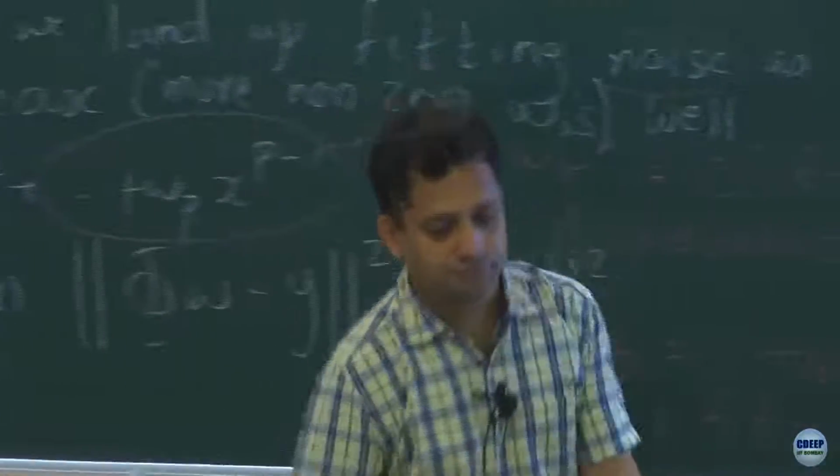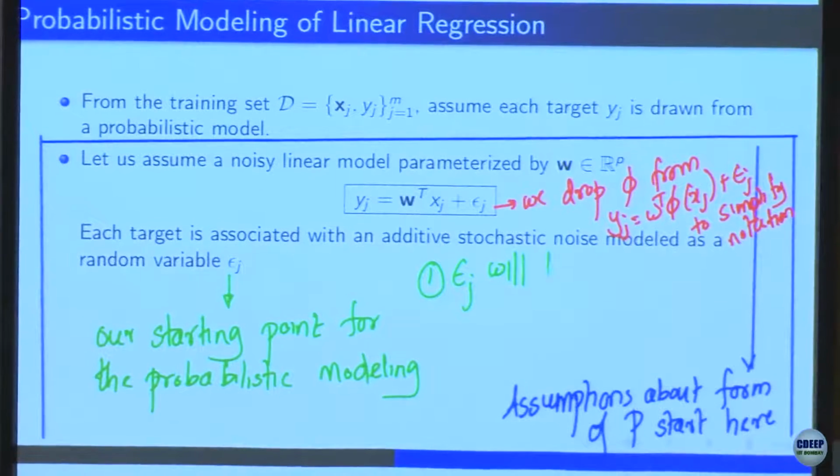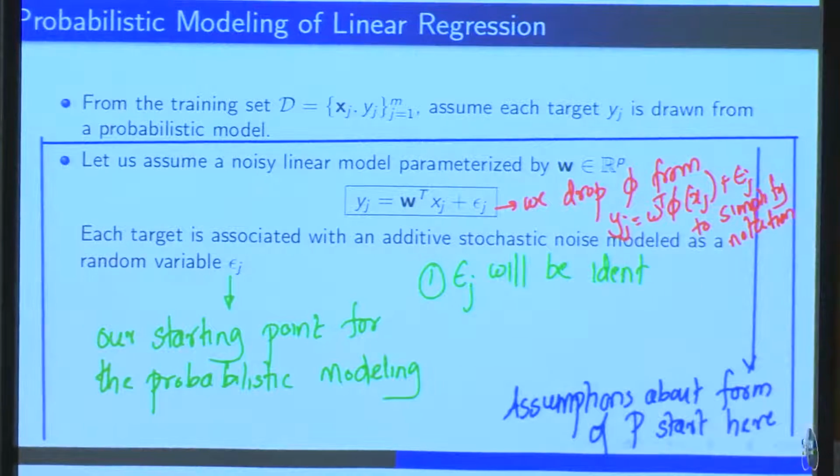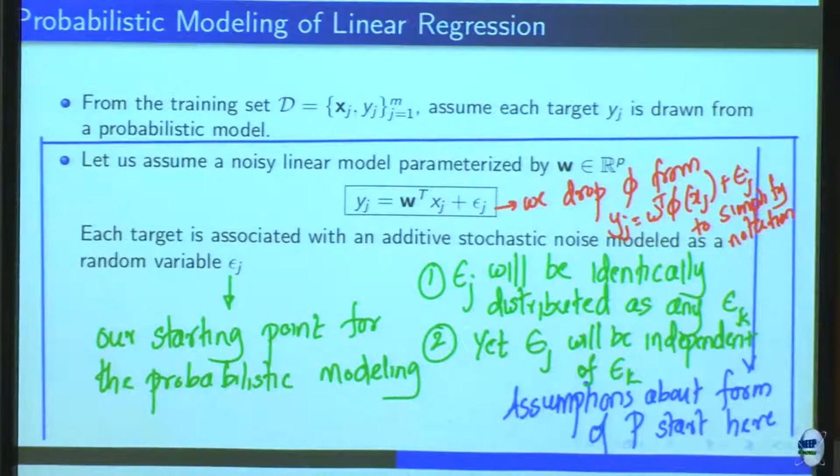So epsilon J will be identically distributed as any epsilon K, yet epsilon J will be independent of epsilon K. So these are constraints we are putting on the form of the probability distribution.